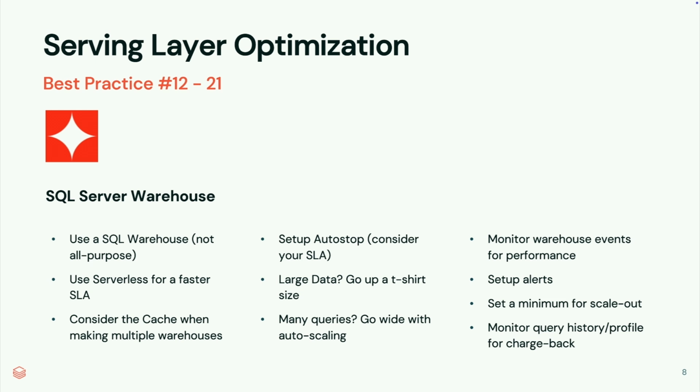If instead of long-running queries you have many queries, then you go wide. You're going to auto-scale. So you take your 2X small SQL warehouse and you say minimum of 1, maximum of 10. I was talking with the product team who owns SQL warehouses, and they told me that there is no particular limit for how many queries enter a SQL warehouse node before they get queued and passed to the next one.